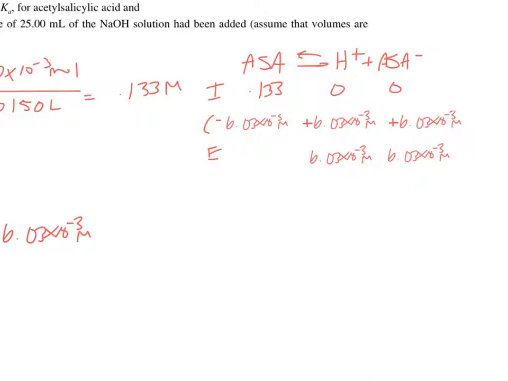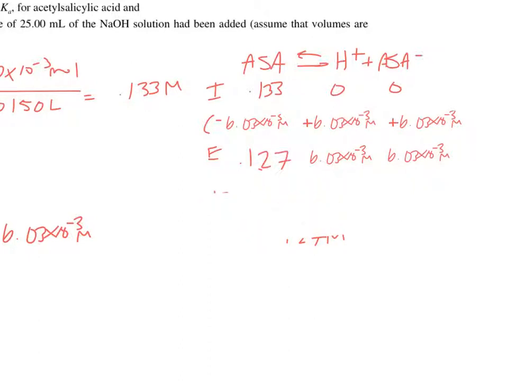So if I take right here 0.133 minus 6.03 times 10 to the negative third, I get 0.127 molar. That's E. So I'm going to erase that, and I'm going to put 0.127 molar.